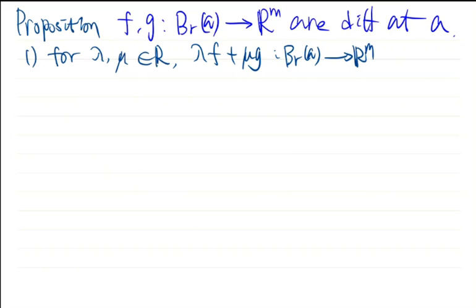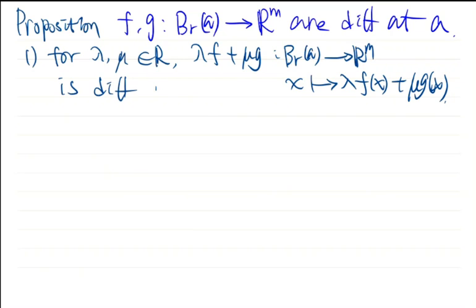The value of this map at the point x is lambda f(x) plus mu g(x). This is the definition of lambda f plus mu g. This map is also differentiable at the point A. So the linear combination of differentiable maps is differentiable.